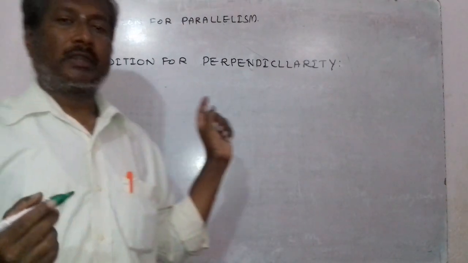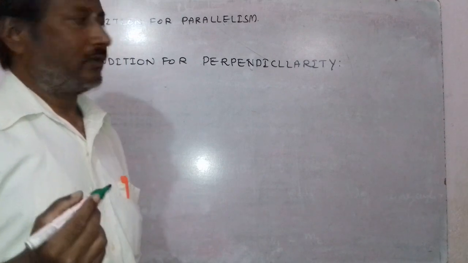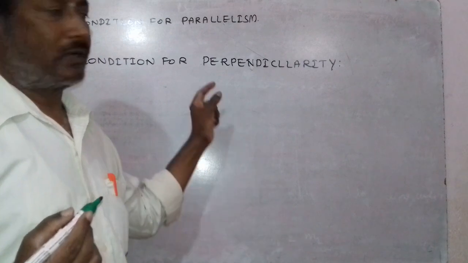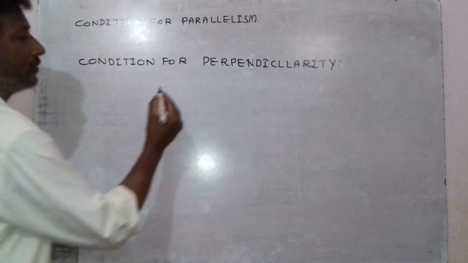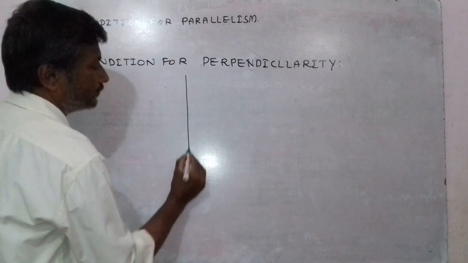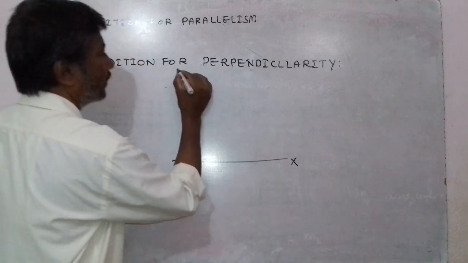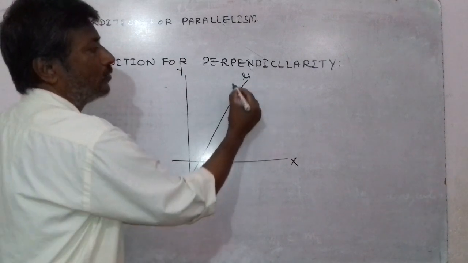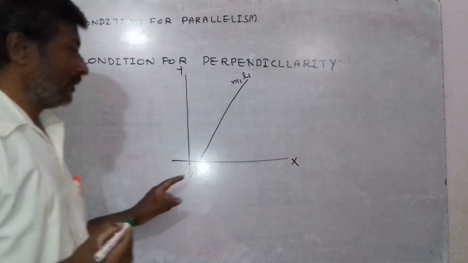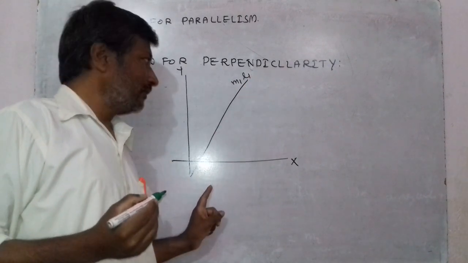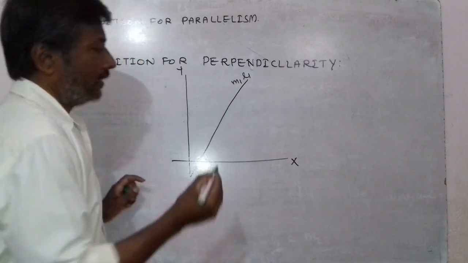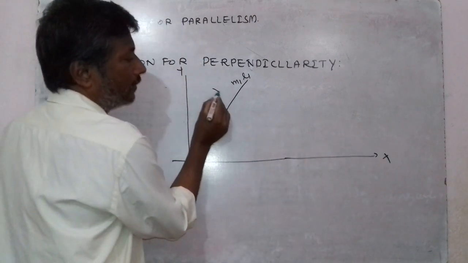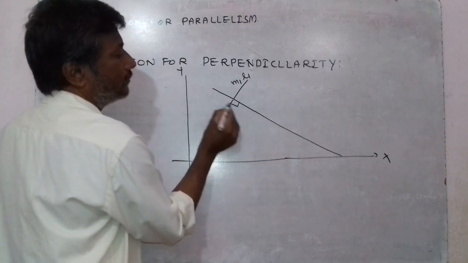So next one is condition for perpendicularity. If two lines are perpendicular, then what is the relation between the slopes of perpendicular lines? Let's observe this one. So this is the line L1 whose slope is m1, and consider a perpendicular line. So this one is perpendicular.